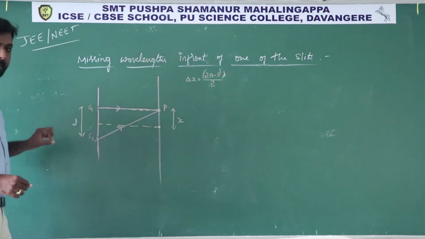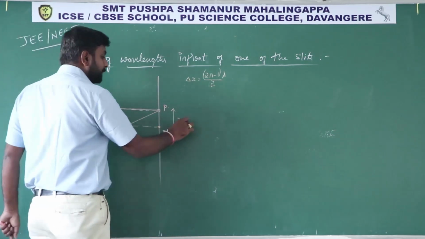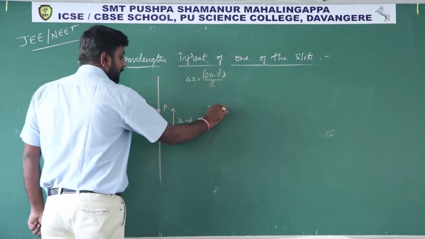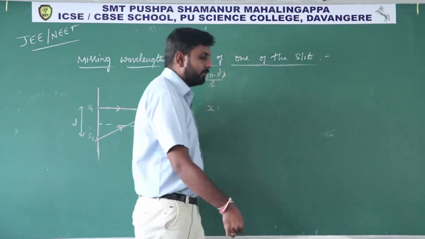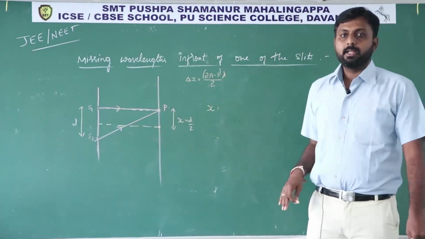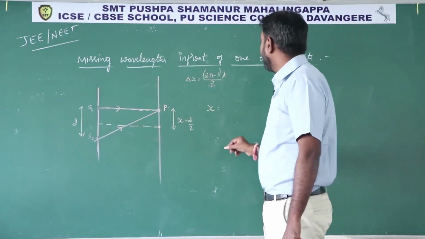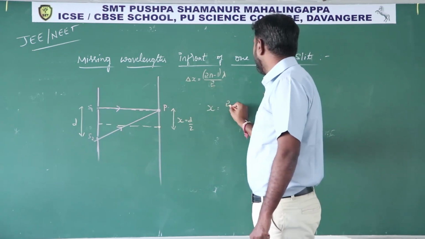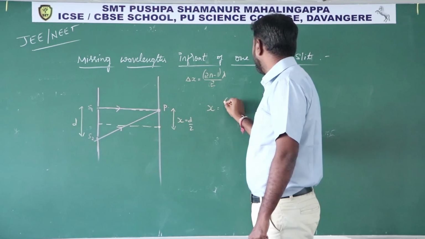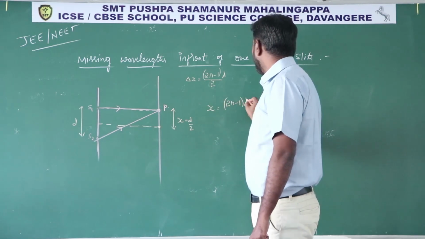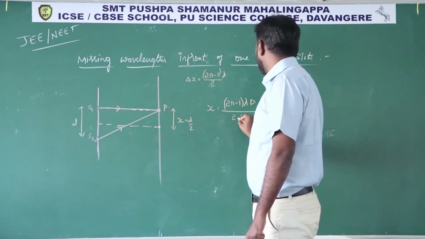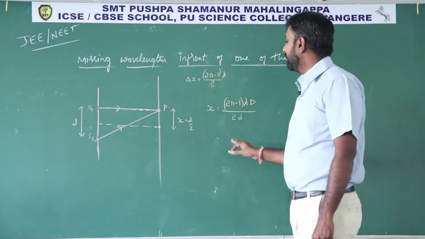From the diagram, that x distance will be equal to d by 2. The position of dark or bright fringes you know: for dark, x equals (2n minus 1) lambda capital D divided by 2 into small d, isn't it?